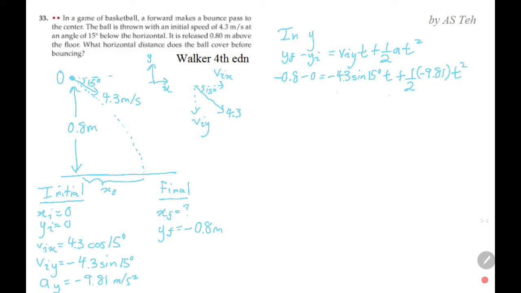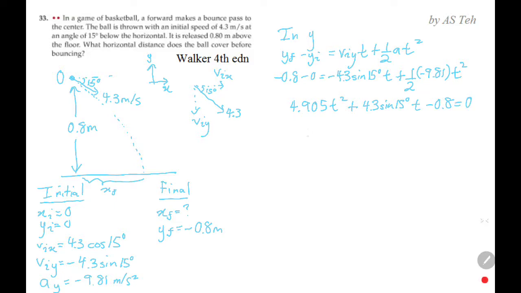If I rearrange this formula, I get a quadratic equation of 4.905 t squared plus 4.3 sine 15 degrees t minus 0.8 equals 0.